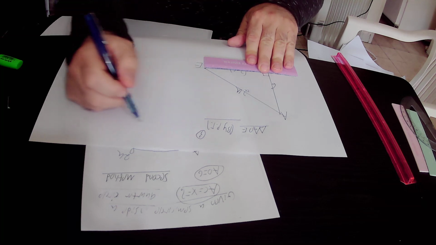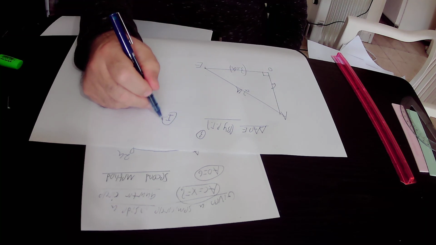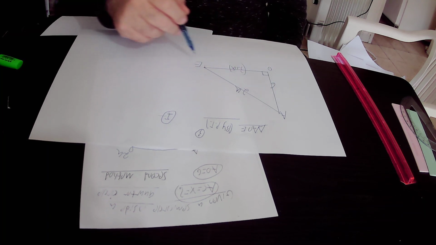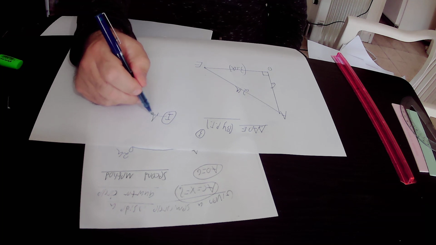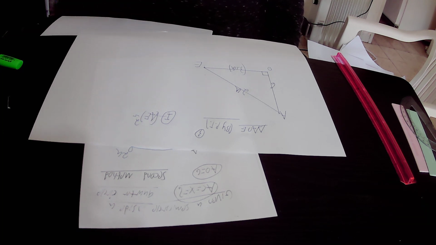We will get that the square of the hypotenuse equals the sum of the squares of the perpendiculars. The square of the hypotenuse is AE squared, and it must be equal to the sum of the squares of the perpendiculars.